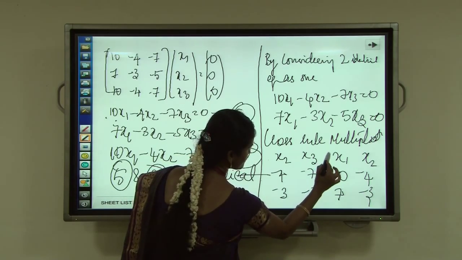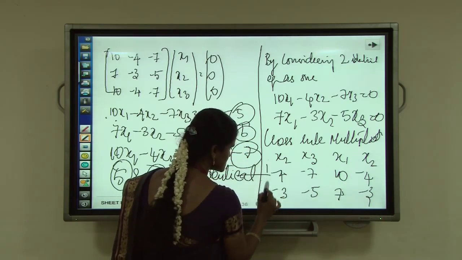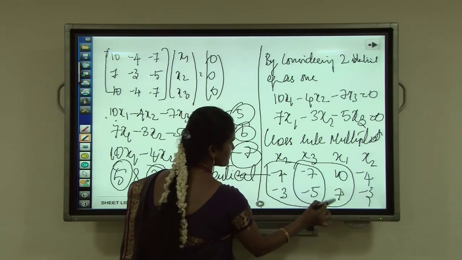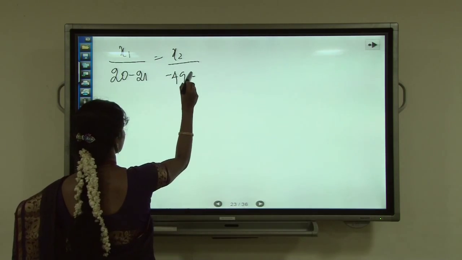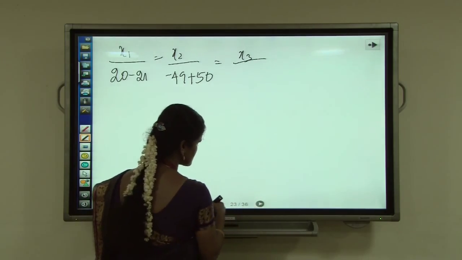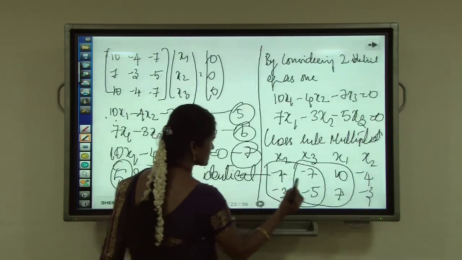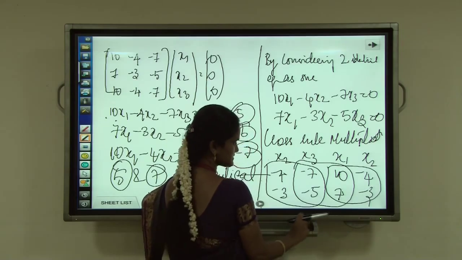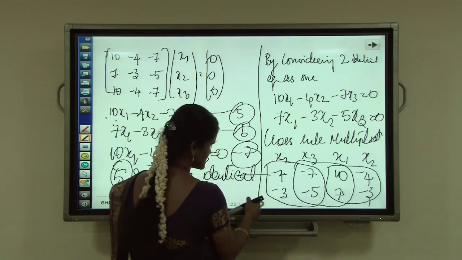In order to get the value of x2, we take the determinant of the next form, that is the coefficient of x3 and x1. If we circle it, it will be better. And here this is minus 49 plus 50. And how are we going to get x3? Here getting the coefficient of x1, x2, finding the determinant of this minor matrix, it is 30 minus 30 plus 28.